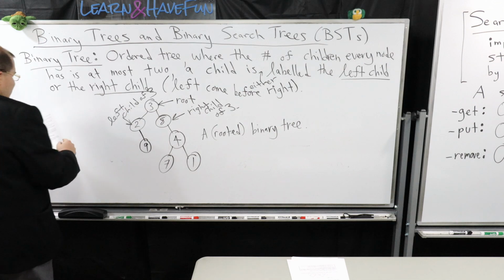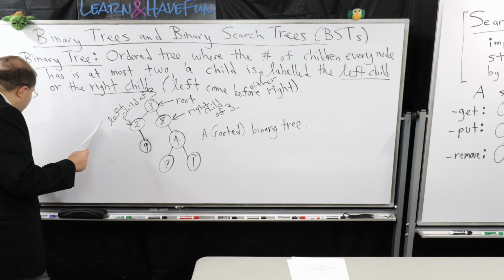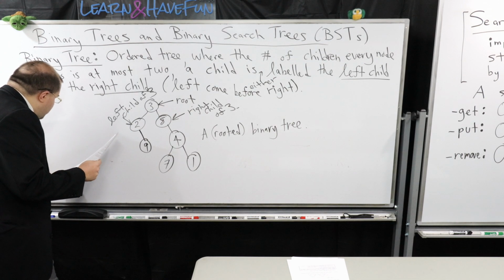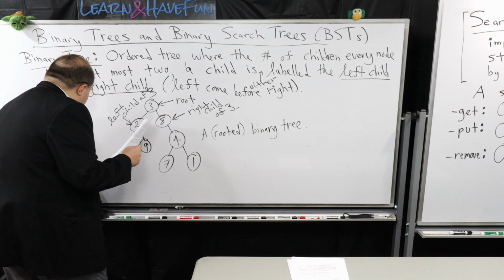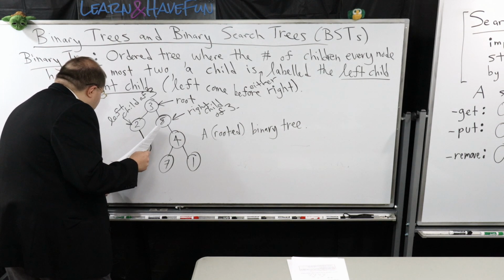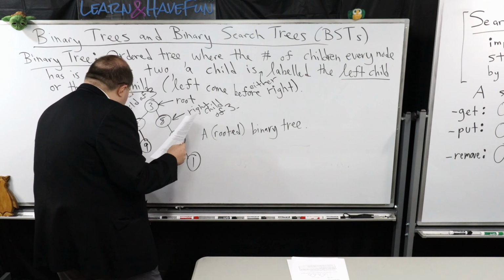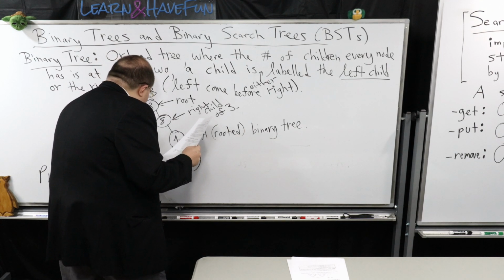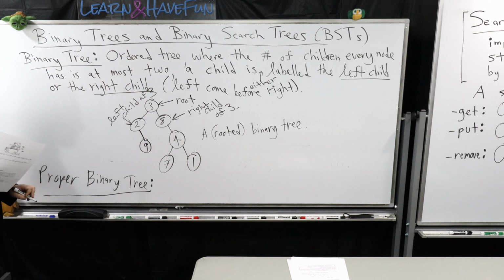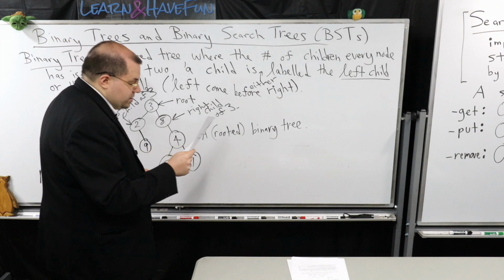One thing you also need to know is that we're going to be talking a lot about what we call proper binary trees. When we're studying binary search trees, every binary search tree, as we define it, is a proper binary tree.